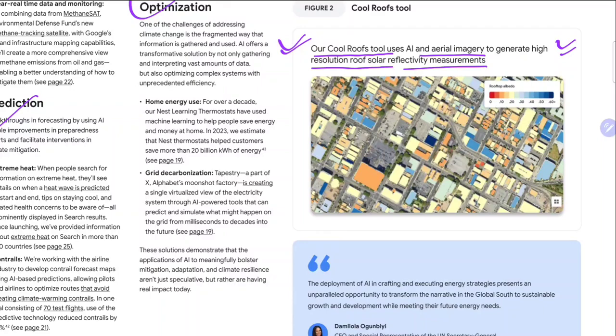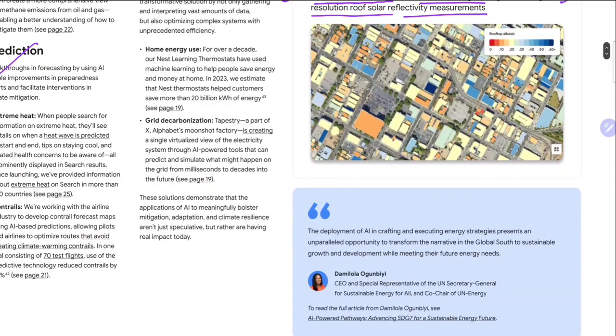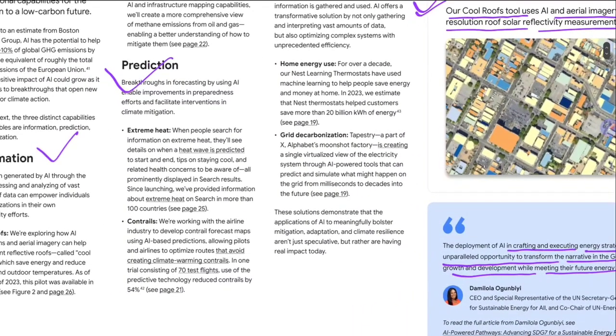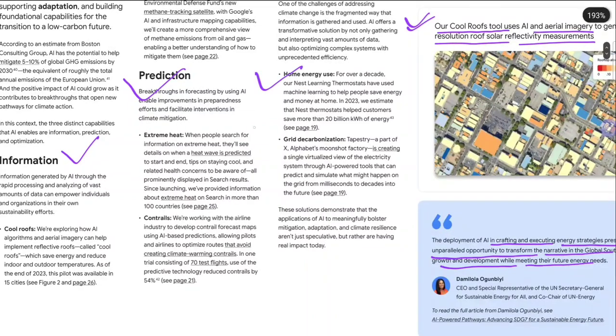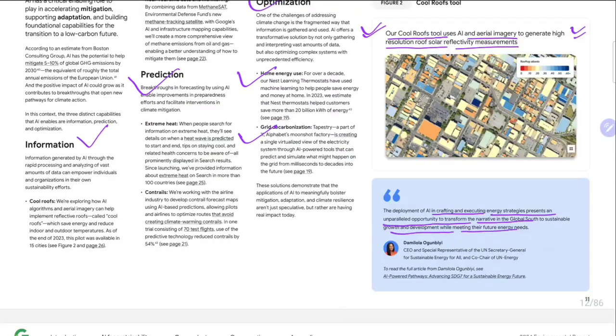Very important, right? The deployment of AI in crafting and executing energy strategies presents an unparalleled opportunity to transform the narratives in the Global South to sustainable growth and development while meeting their future energy needs. So we have seen certain initiatives by the company with respect to climate action.